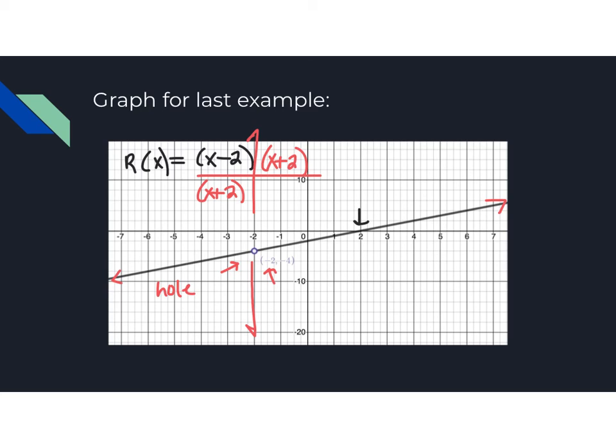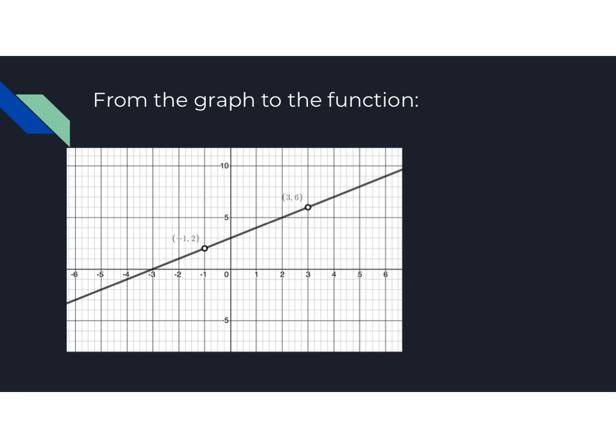You could also graph this with accuracy, and where the vertical asymptote intersects your linear line would also be the coordinate of your y value for the hole. Now, we can also work backwards. If we see a graph with holes, that tells us it's going to be a rational function.